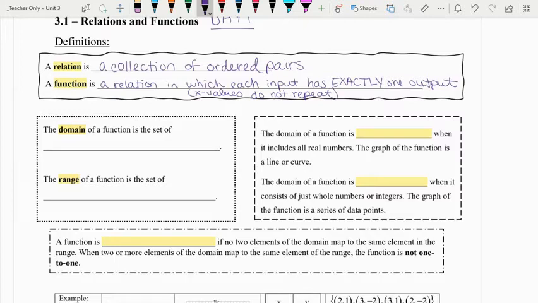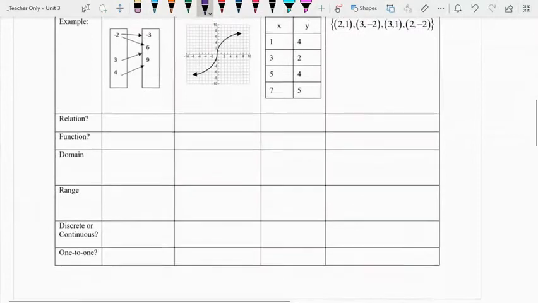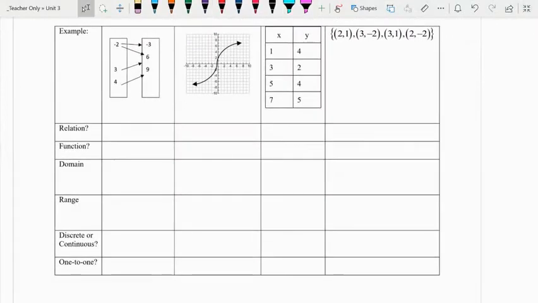So let's scroll down and talk about all of these, whether they're a relation or a function. For this first example, these are actually typically seen as domain and range, which we'll talk about in a second. But is it a relation? Well, yes, because relations are talking about points, and these are actually points.